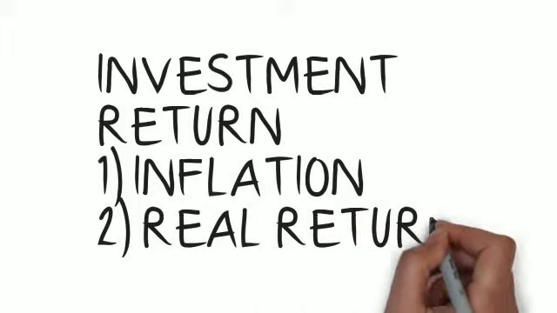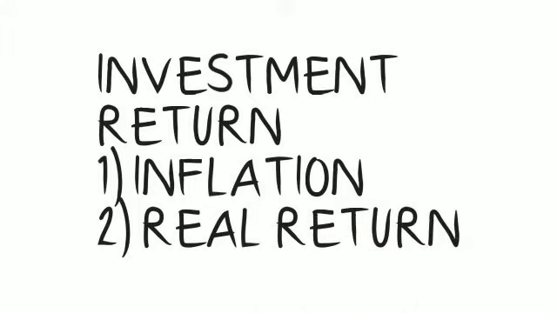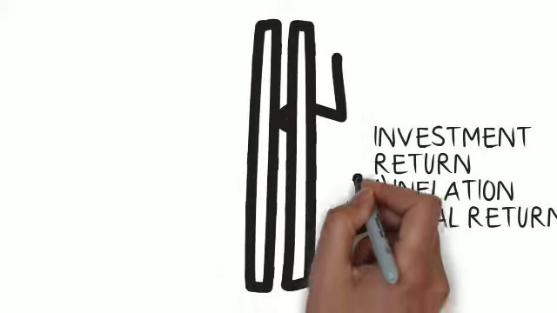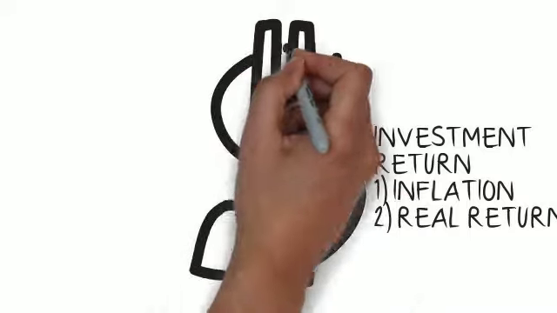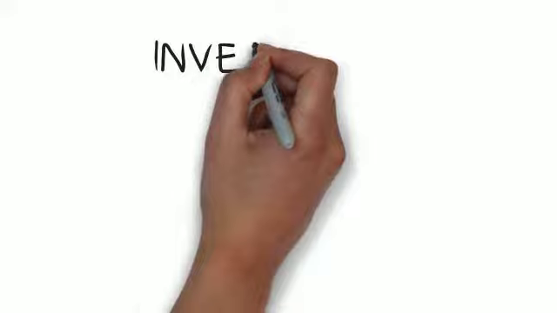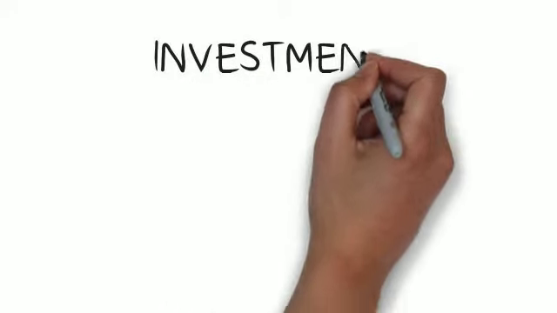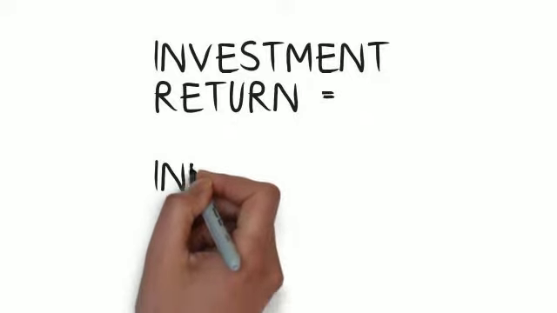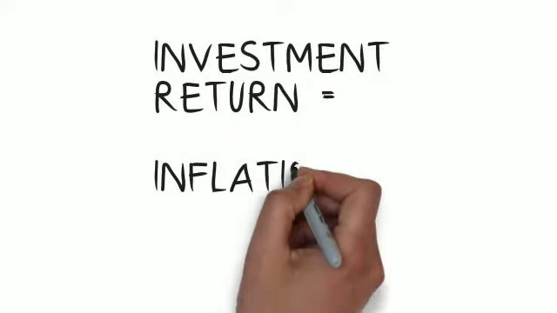And in order to maintain the purchasing power, you must at least earn the rate of inflation on your investment. The second objective is to increase the purchasing power of the money that you are putting aside. That is the real rate of return.